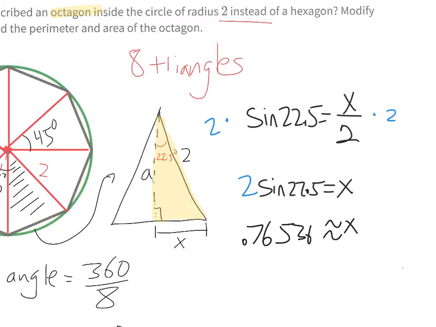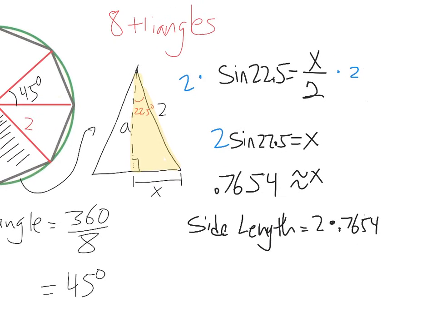Actually, we only need 4 decimal places, so let's round that off to 0.7654. All right, so the side length is going to be double that, 2 times 0.7654, and that's going to give us a side length of 1.5307.